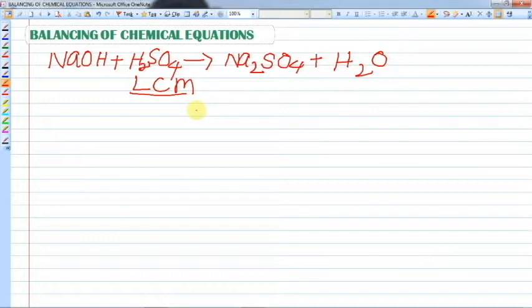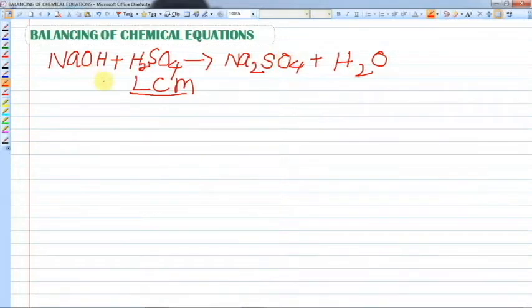So according to this law, the number of atoms on the reactant side should be equal to the number of atoms on the product side. That means however many atoms participate in the chemical reaction, that many atoms should be formed as products. This is the balancing of a chemical equation.